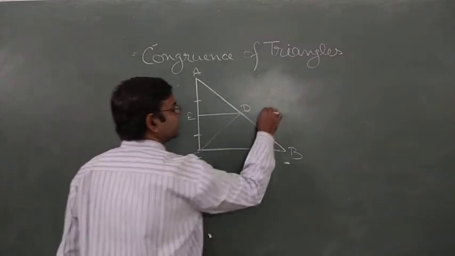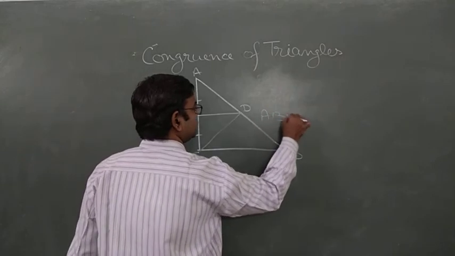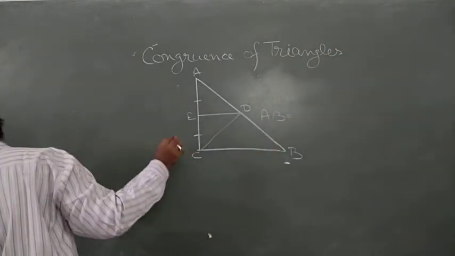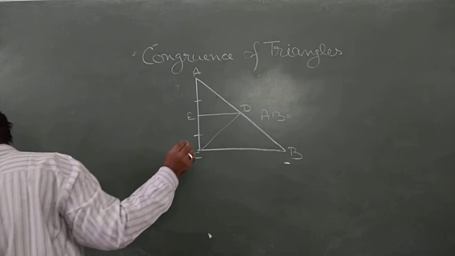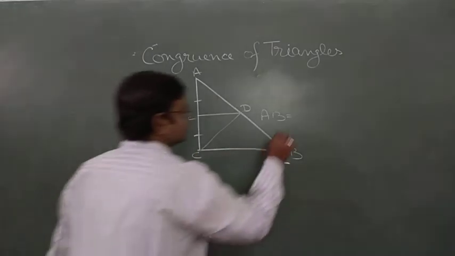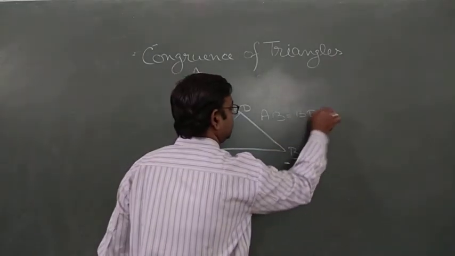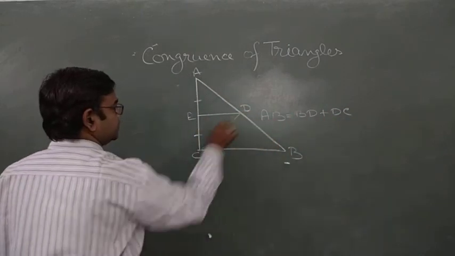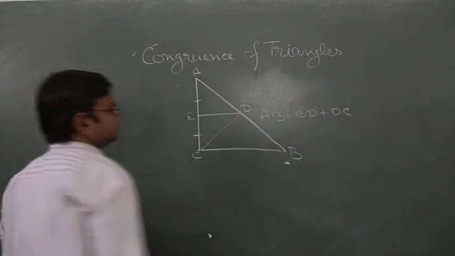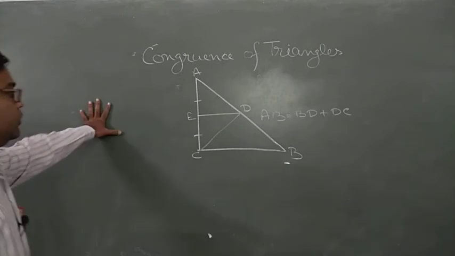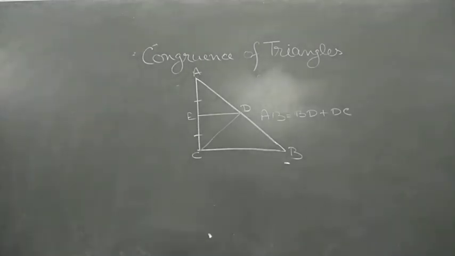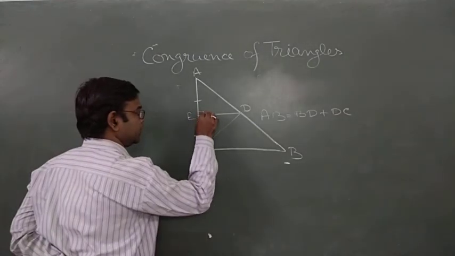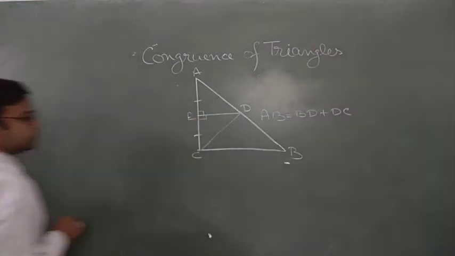We have to prove that AB equals BD plus DC, this is AB. Clear? How do we prove it? I am proving on this side. Let's start. As you know, this is a perpendicular bisector, so this is your perpendicular angle.